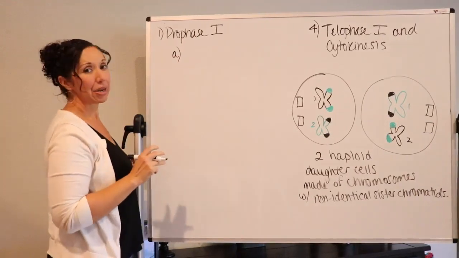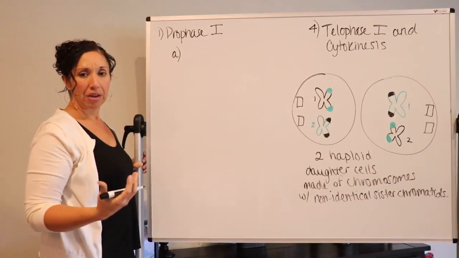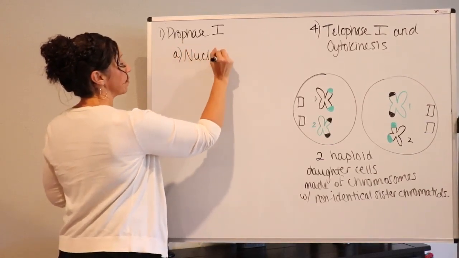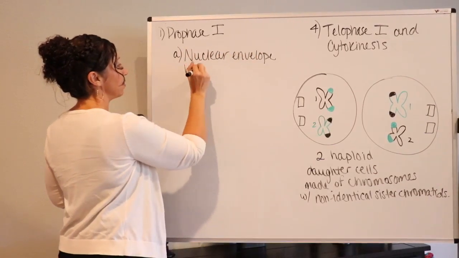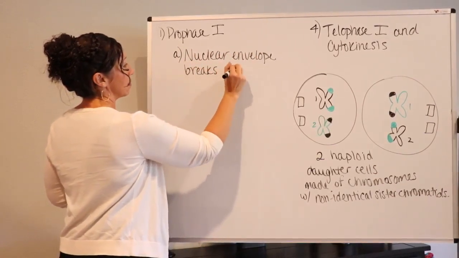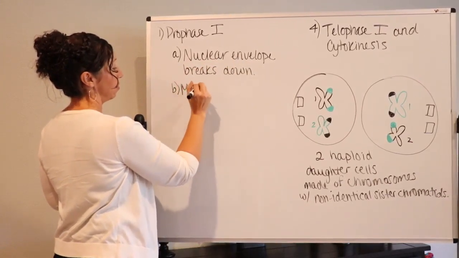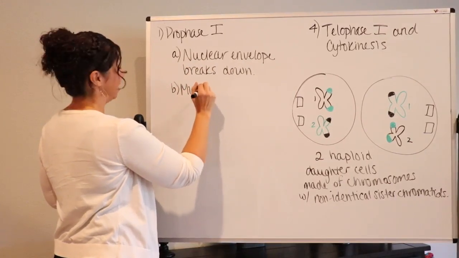The big thing that's happening is it's a combination of prophase and prometaphase during mitosis, if you will, because the nuclear envelope is breaking down. Nuclear envelope breaks down. Microtubules begin to grow from the centrosomes, forgive me.